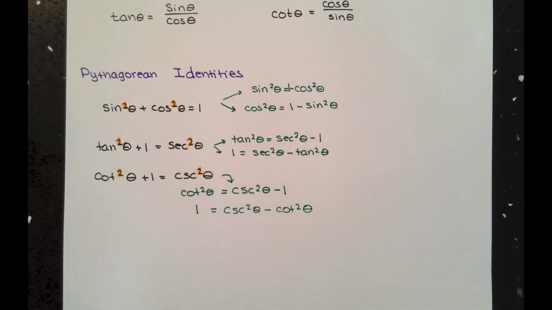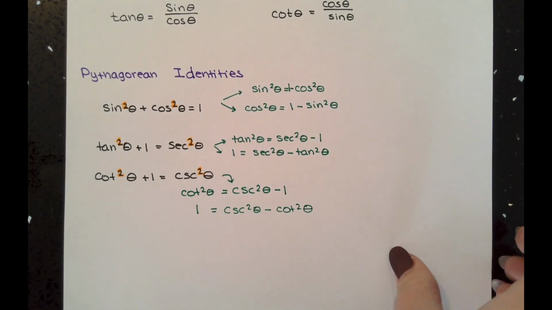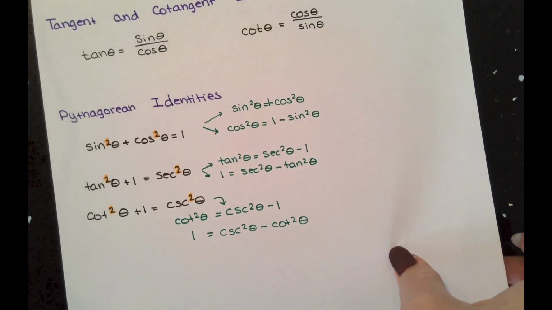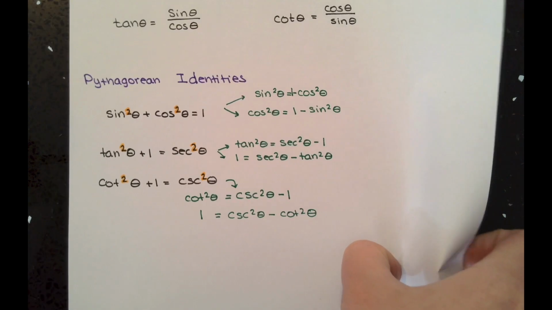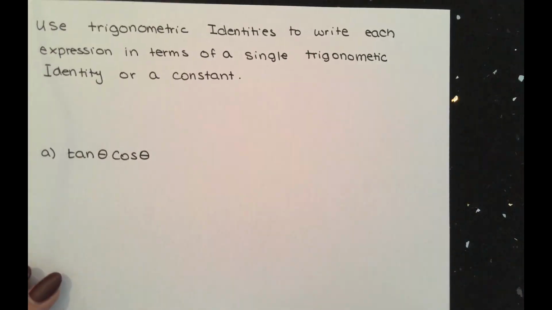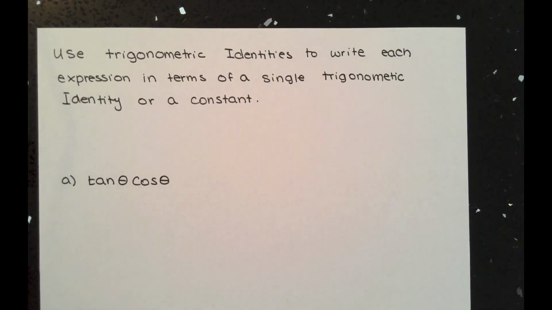If we are given a function, like sine, cosine, tangent, secant, cosecant, and we need to rewrite it in a simpler form, we will use these identities to help solve. So, example 1.